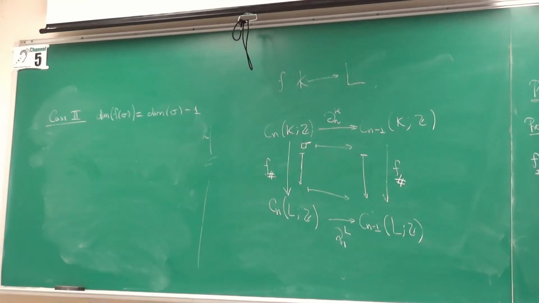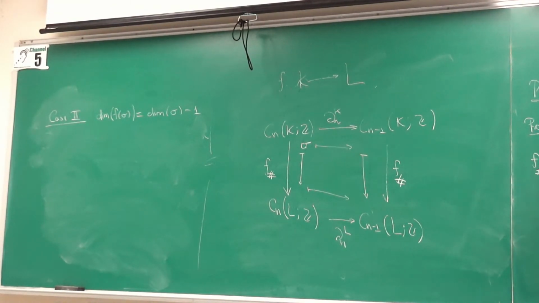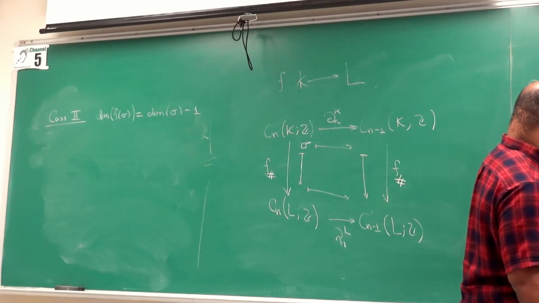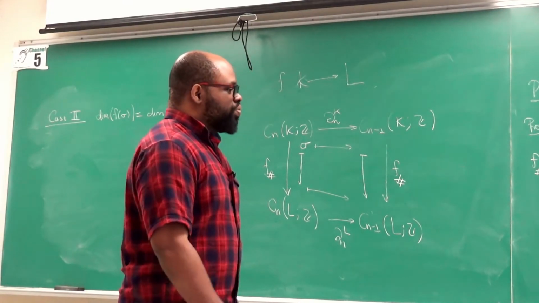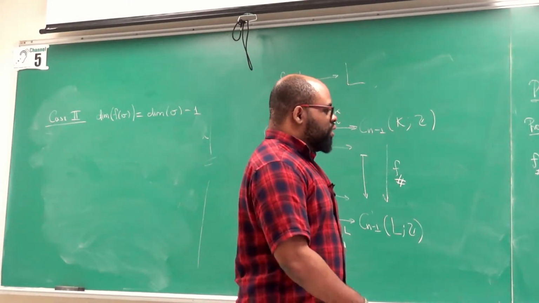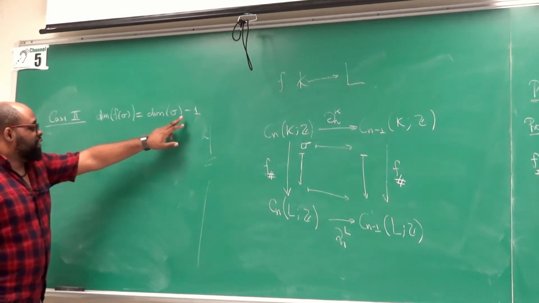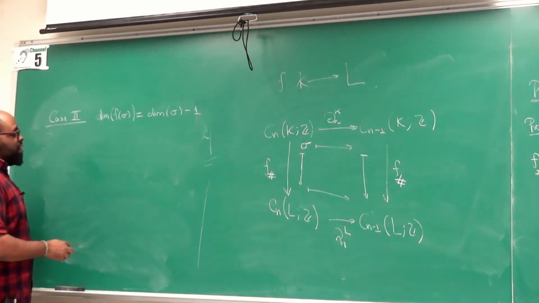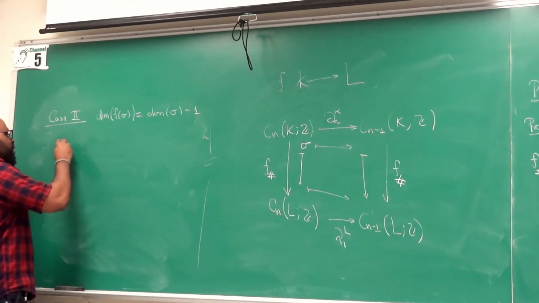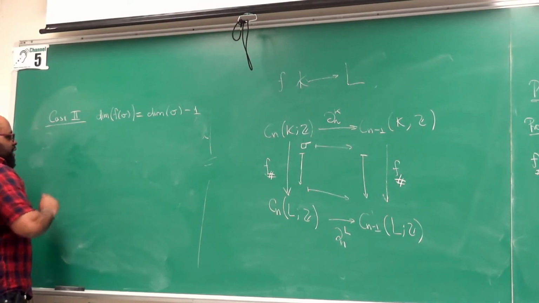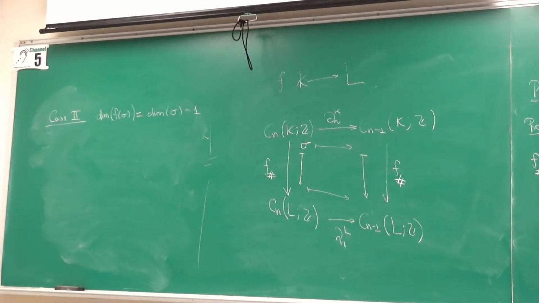And this is the thing that I'm going to analyze. So let's suppose that the dimension of f sigma is like that. So in particular, it must be the case that, let's see it over here.